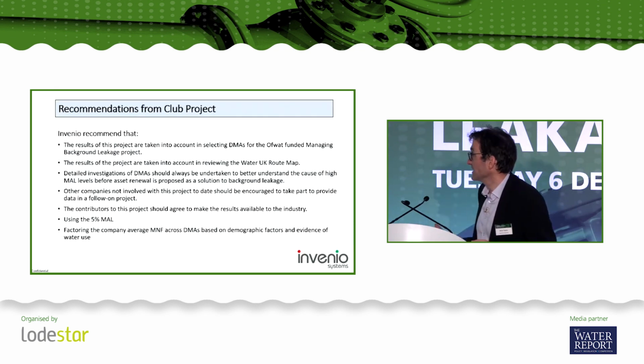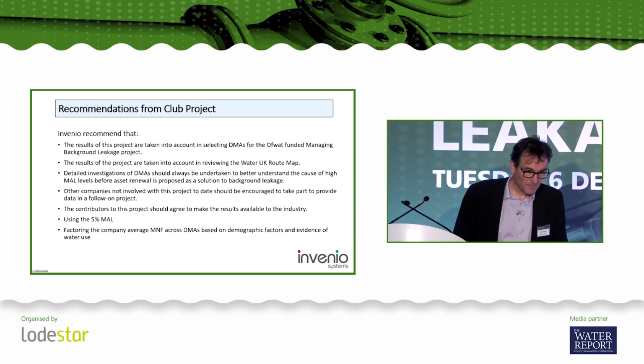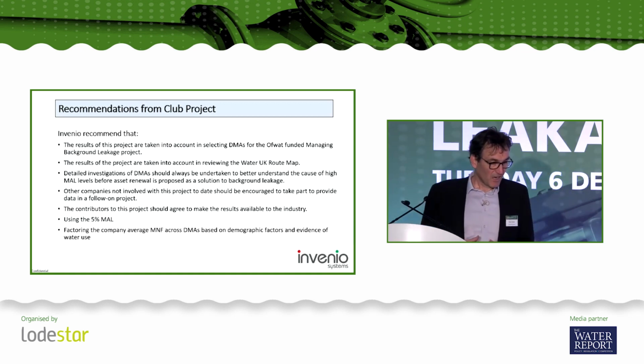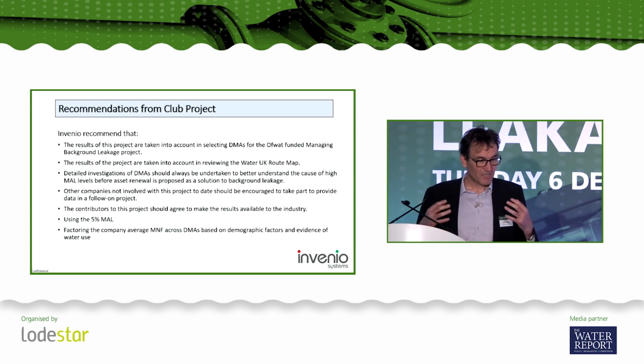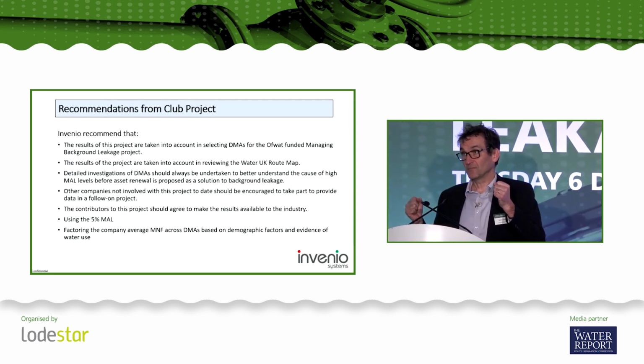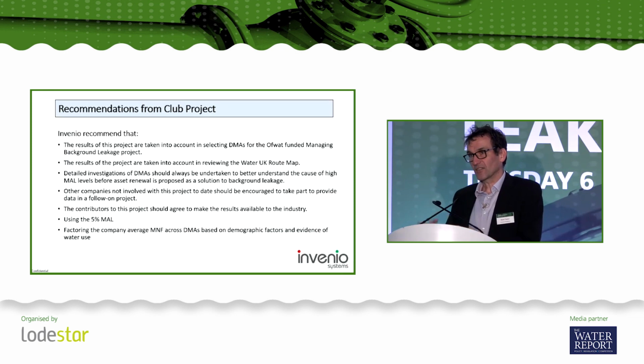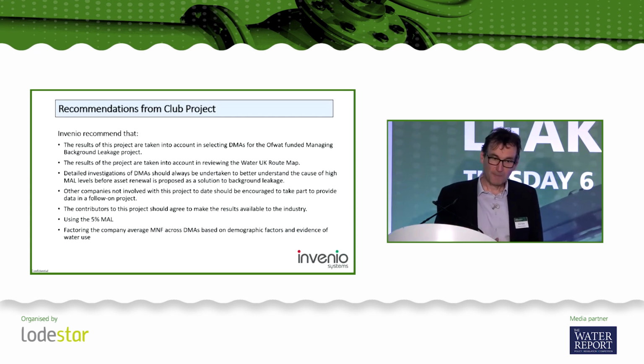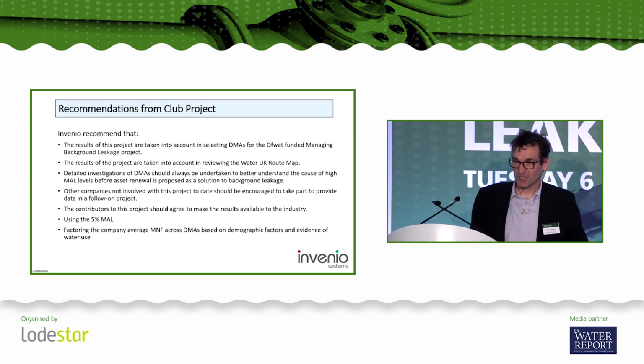So our recommendations from the project, I won't read out all of them, but one of the key things is that there's a lot of smart meter data that's now become available from various companies, and that gives us a really good opportunity to pin down the calculation of leakage by comparing smart meter water balances to what's now become the traditional way of doing it with night use allowances.